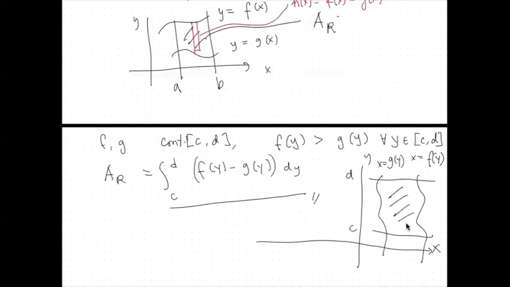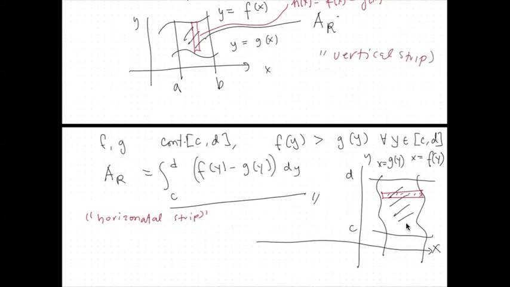Sometimes you do a horizontal strip. This is a horizontal strip, because you are getting the area of the individual strip here and then summing it all together. Here we have a vertical strip.